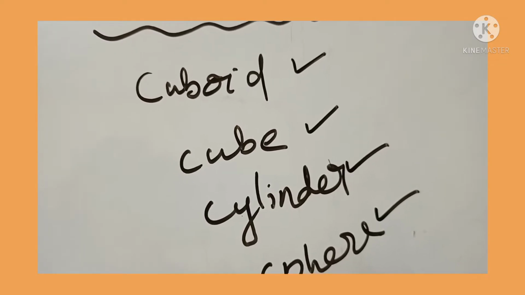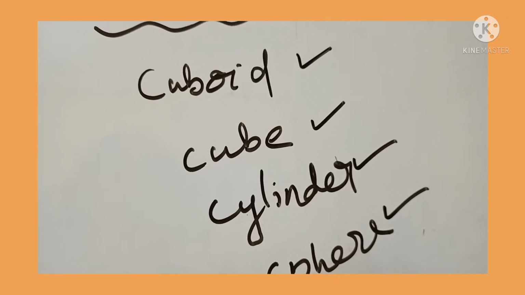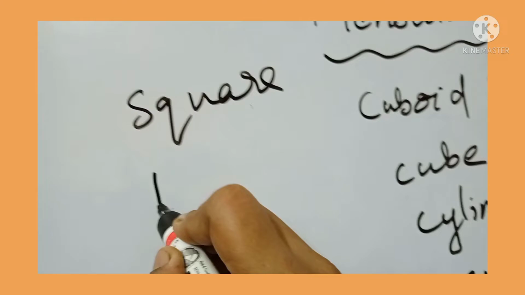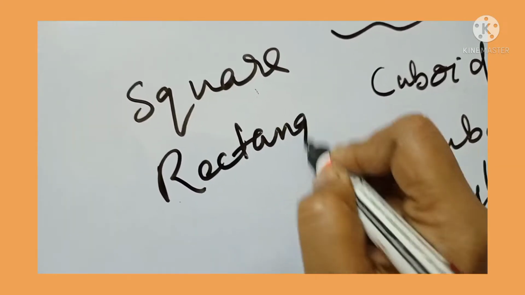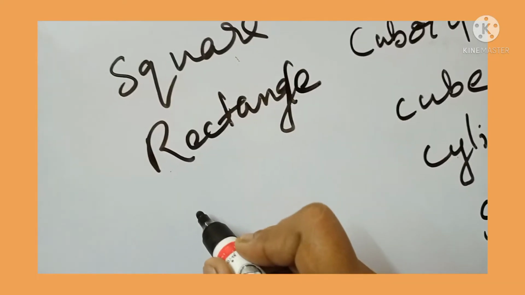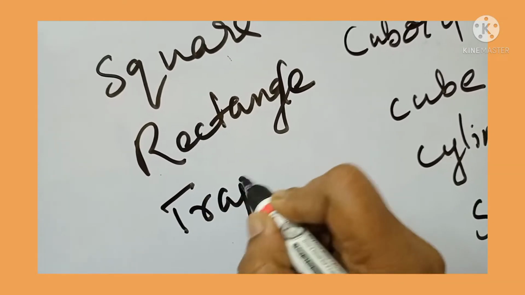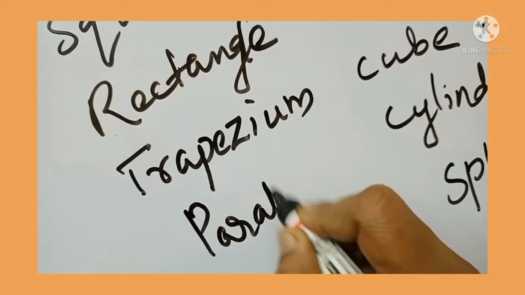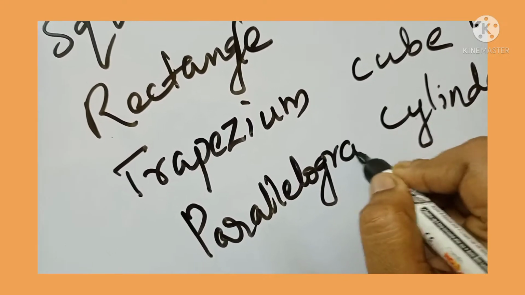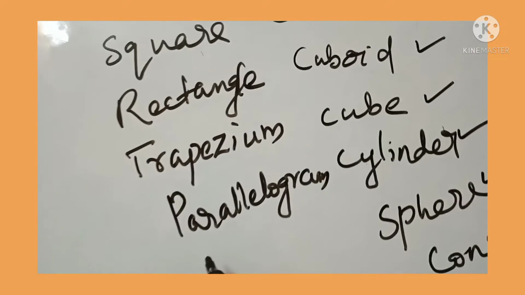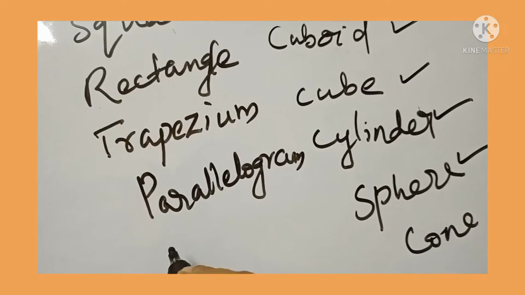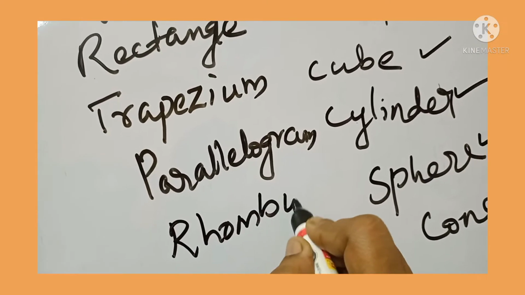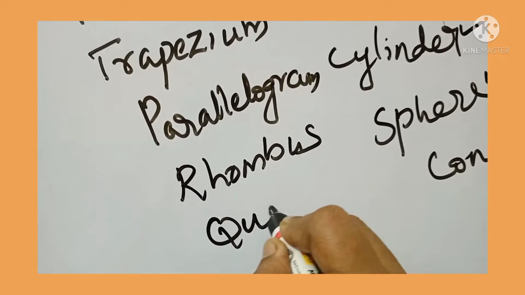And before that, we want to know about the area and perimeter of square, rectangle, then trapezium, parallelogram, and rhombus, and also quadrilateral.